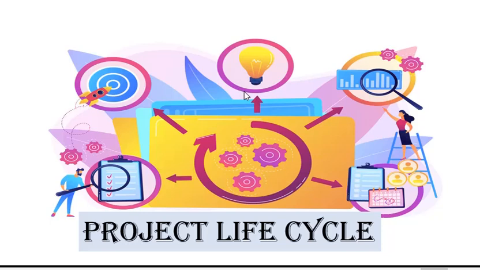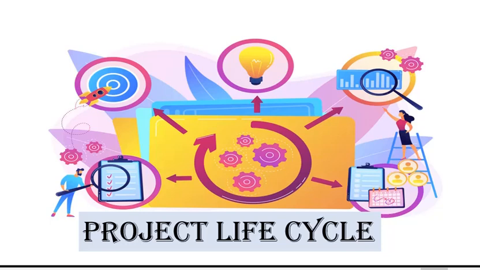Now, this project life cycle refers to a four-step process. Sometimes there are even five phases to a project life cycle. This is basically a framework for managing any type of project within any business, right? So there is no certain specific project life cycle. It is basically a general layout that one can follow.